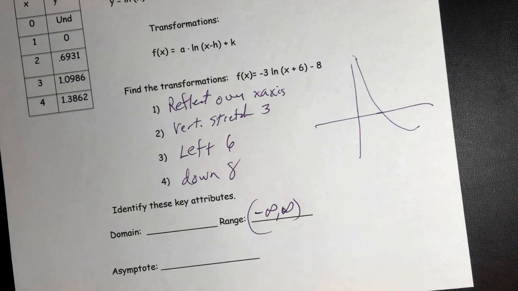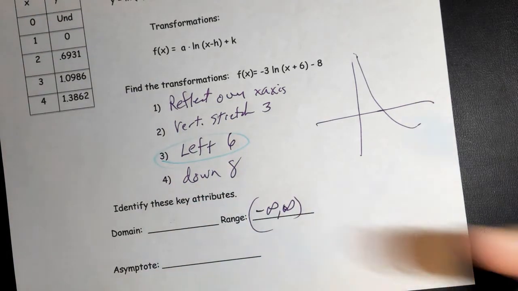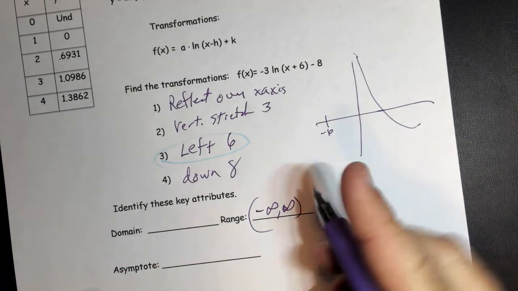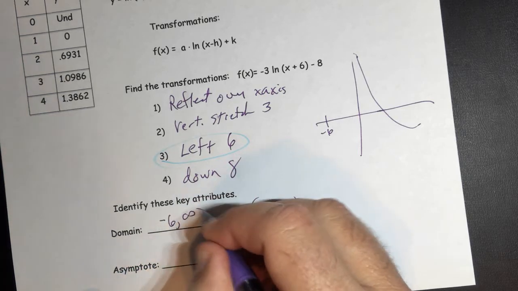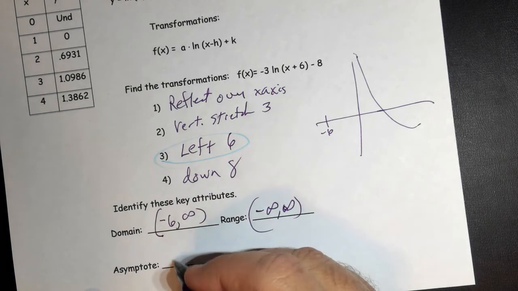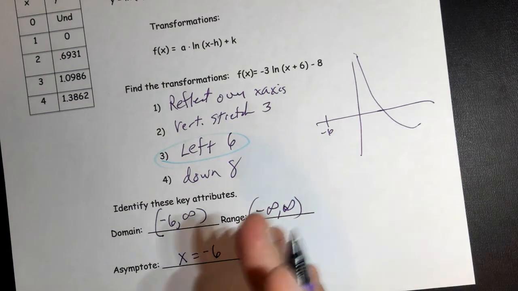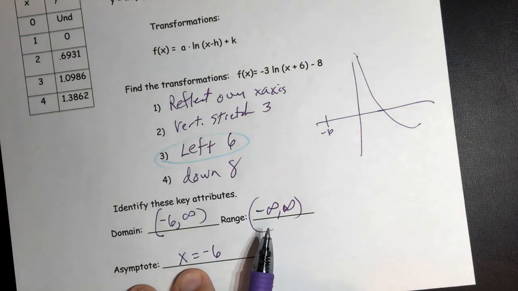So this is the key piece right here. I would go left 6, which means I'm going to get here to negative 6. So my domain is going to be from negative 6 to infinity, because the asymptote is now at negative 6, because that's the move that's going to do everything. Up and down is not going to move where the vertical asymptote is.